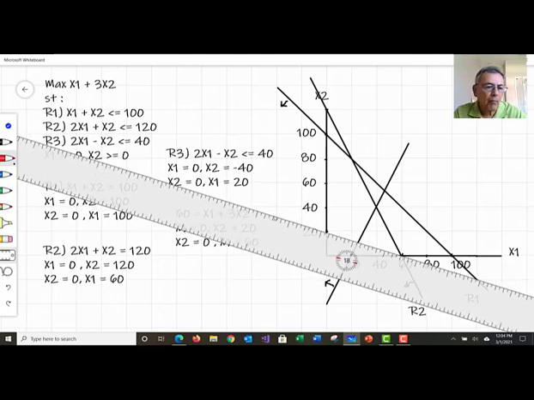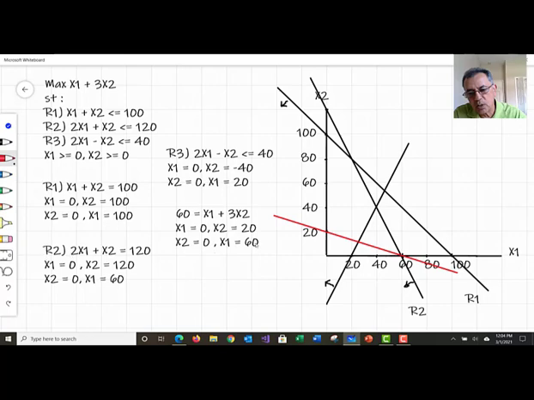Okay, we know that any point on this line, any combination of x1, x2 values on this line will give us a total value of 60, profit of 60. So what we want to do is select this line and actually move it as far as we can before leaving the feasible region.